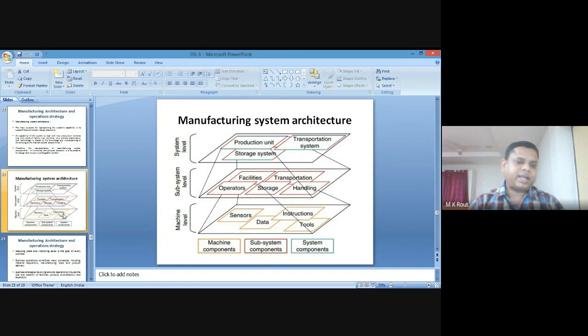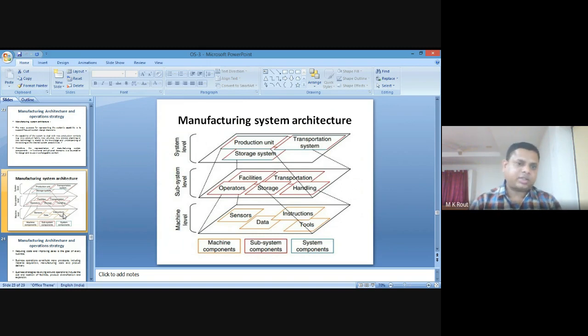Then the next part is the machine level, with reference to your manufacturing system architecture. For operator, machine, or production, you need some kind of sensors. Next, for facility and transportation, you need data. For the operator, you need instruction. For machining, you need tools. So with the help of these three levels, a particular manufacturing system architecture is composed.